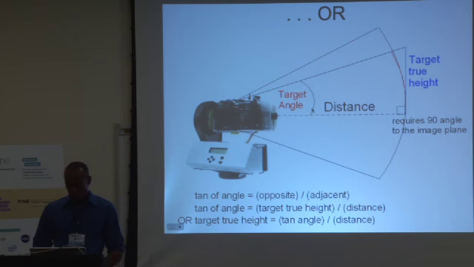The tangent of the target angle is going to be equal to the opposite, which would be the target true height, over the adjacent, which is the distance. But again, for this, you really need to ensure that you have a 90-degree angle to that target. So when you actually had your camera set up, was it set up 90 degrees to the true target? That's very hard to determine.